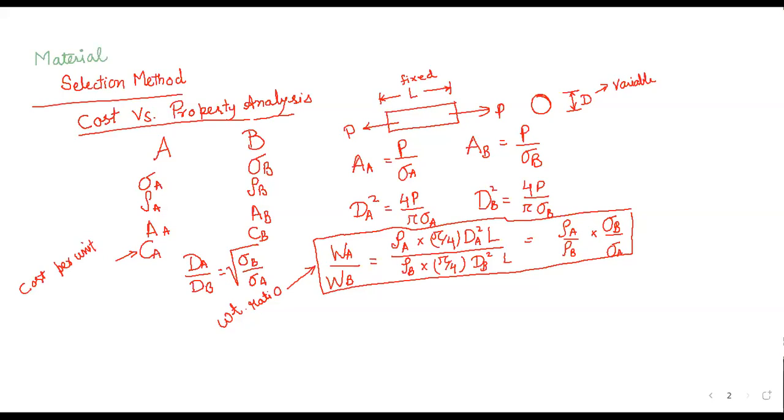Then what will the ratio of total material cost TA and TB be?